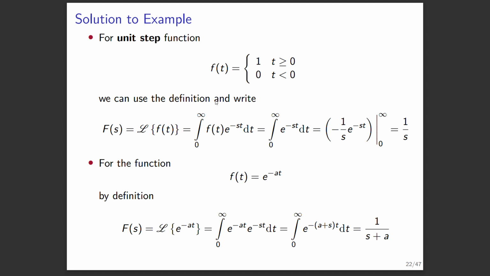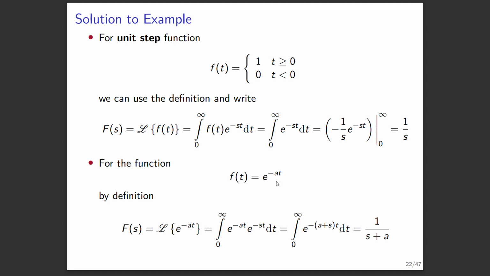So I plug in the value of f from the definition. I'm just going to have 1 here because the integral is from 0 to infinity. Then I take the integral and I'm going to get 1 over s. So the Laplace transformation of the unit step is 1 over s.